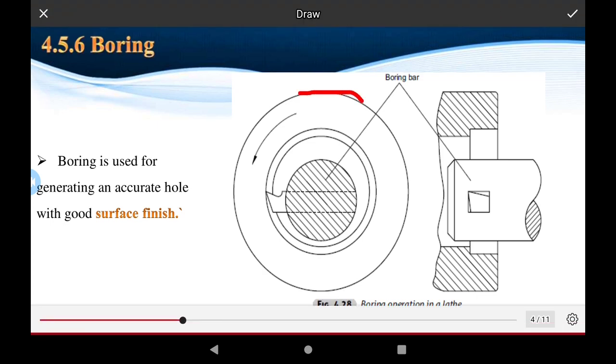This is the external diameter of the job, and this is the face of the job. One end is fixed to the headstock of the machine, and this headstock also provides the rotary motion of the job.